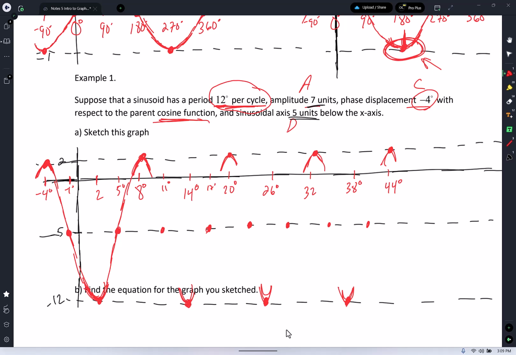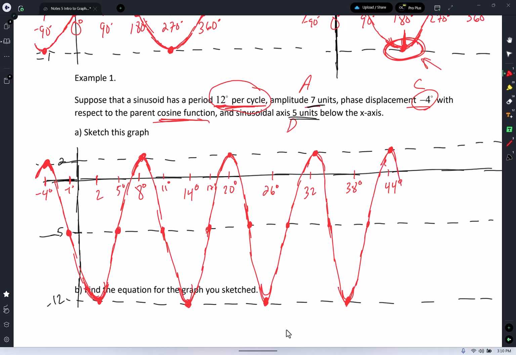Try to make your points of inflection where it changes concavity from concave down to concave up. It doesn't have to be perfect. And look, OMG, your first wave.